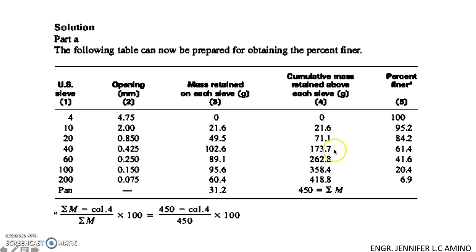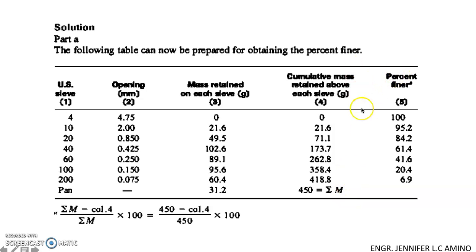Add to this, 173.7. You add to this, 262.8. You add this one to this, there is 358.4. You add this one to this, you give us 418.4. So try to sum up. And then you are going to add 418 to 312, so you give us 450. So that is the summation of M.